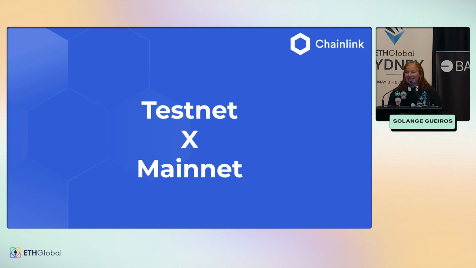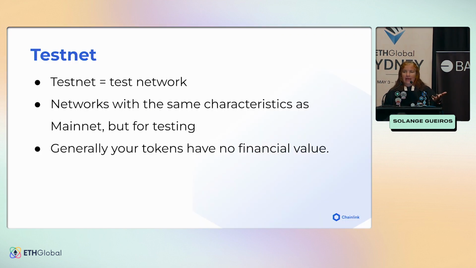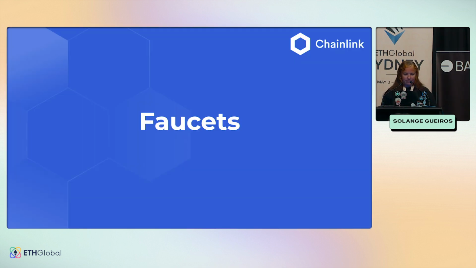But the testnet is for free. Testnet is to learn and to develop your projects without paying anything. It is used to have the same behavior as the mainnet, but it's free. This is the most important part.